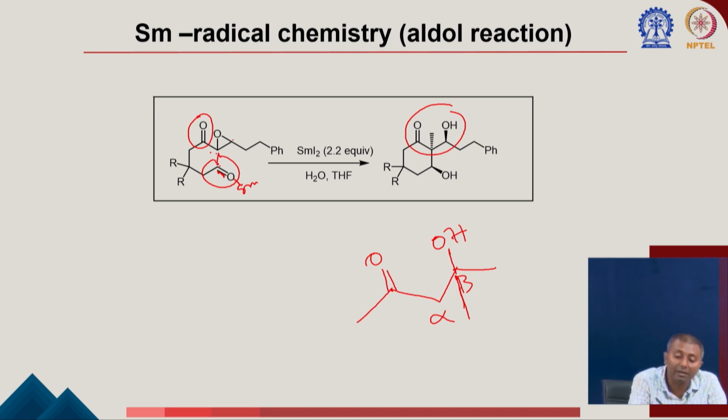So it is going to form an anion here, and some sort of Barbier type reaction is going to add to the epoxide to form this corresponding product. And again if you see in this reaction, in this particular position you end up forming this H here. That means it will be attacking from the bottom face to form this corresponding product. Okay. So you end up again forming this beta hydroxy carbonyl compound here.